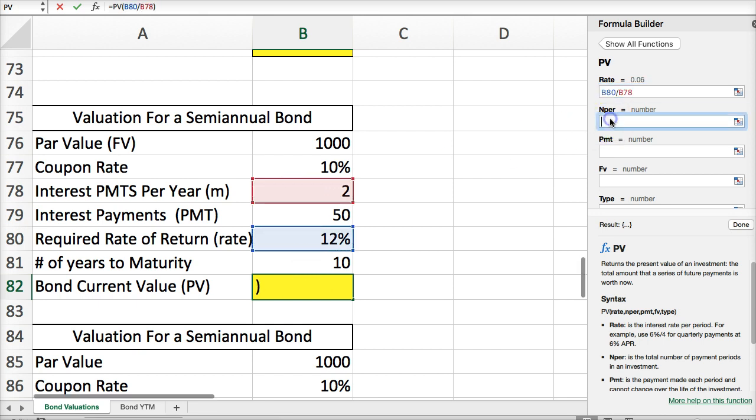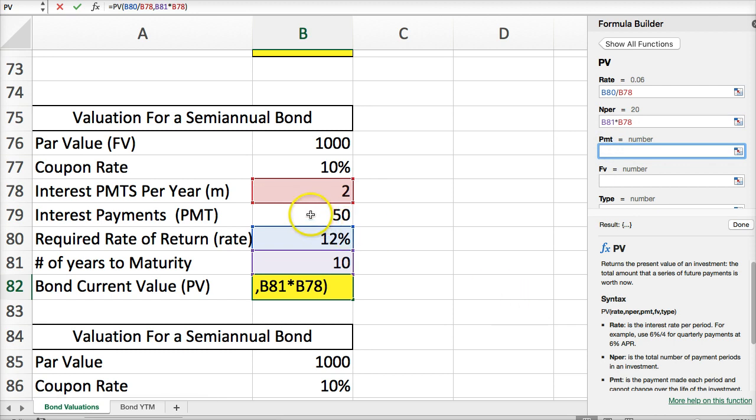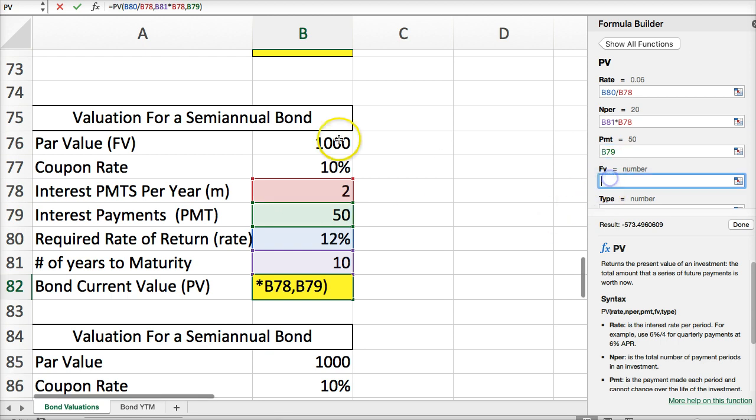Then we're going to take the N per, which is the years to maturity, and multiply it by the frequency. Payment is going to be the coupon payment. And now remember, this is 50. So basically, it's going to be 10% times 1,000, which is 100, divided by 2. So the coupon payment is only 50 every 6 months. And then the future value is 1,000.